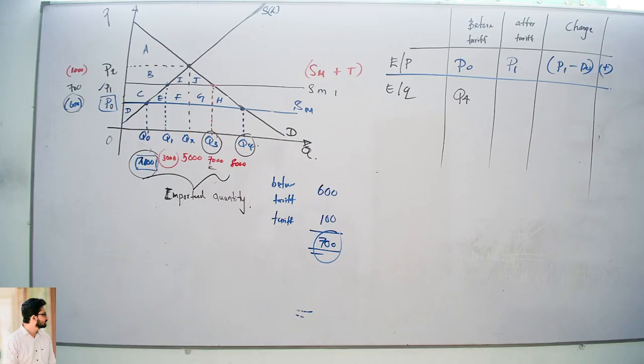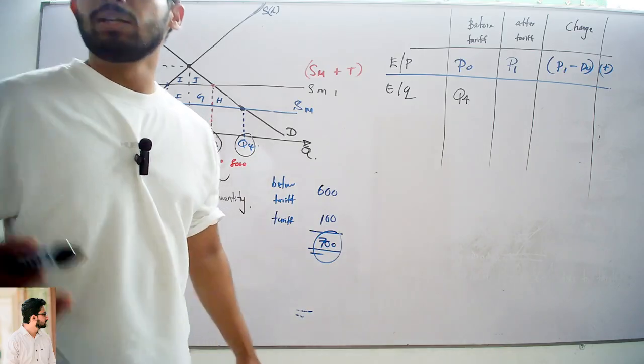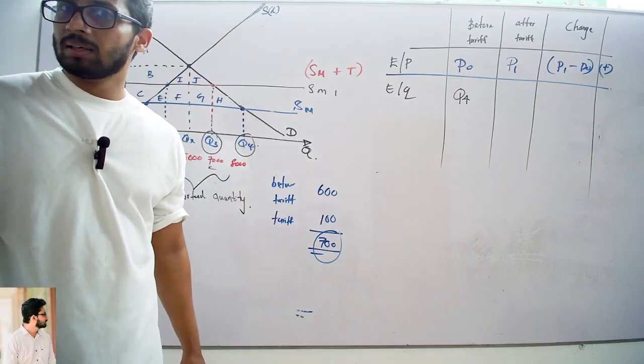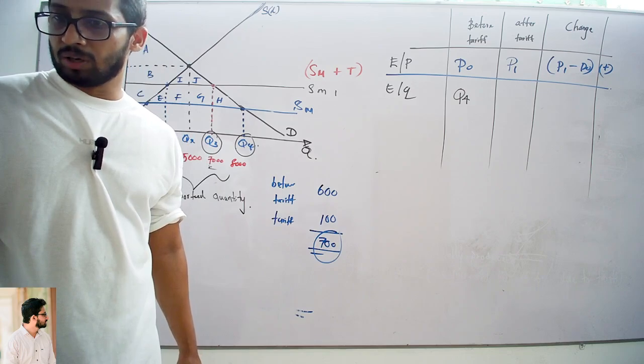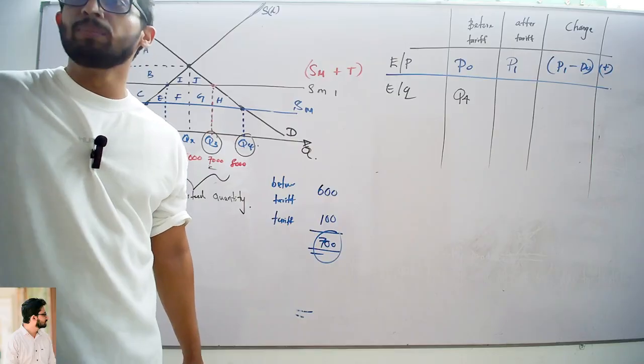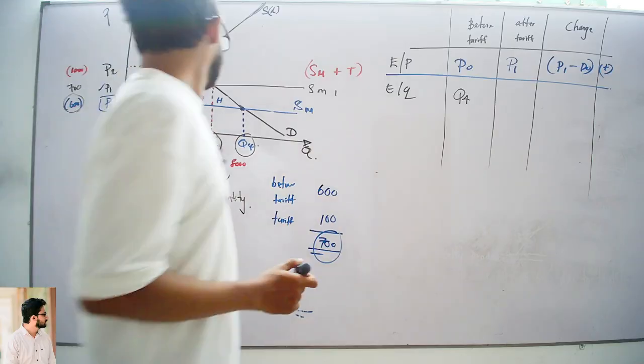Equilibrium quantity means the number of units which can be sold at a particular price. I'm not asking about domestic, I mean the number of units that can be sold in the market, the equilibrium quantity. Then with Q3.